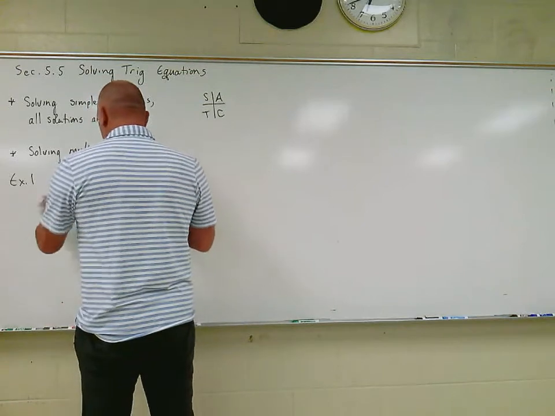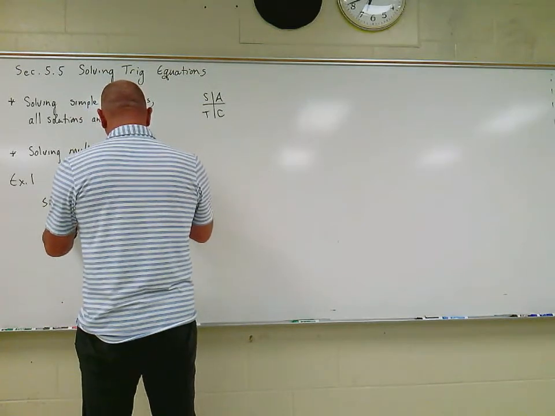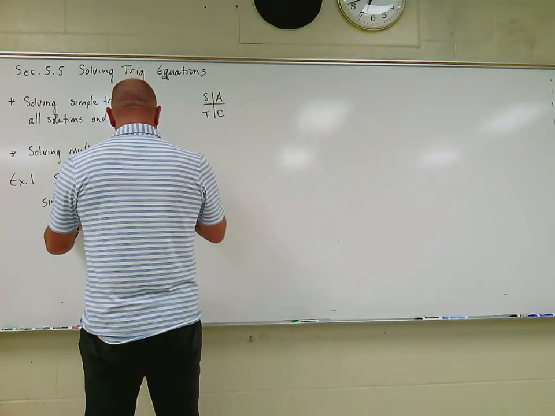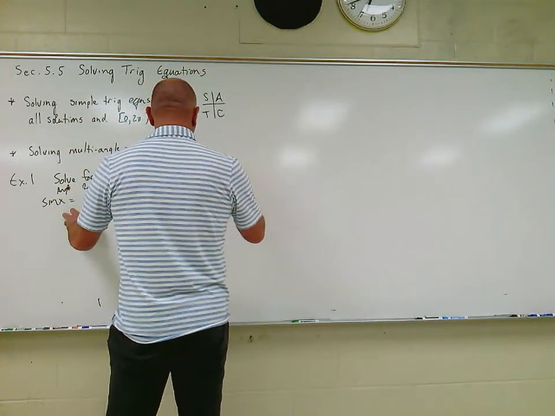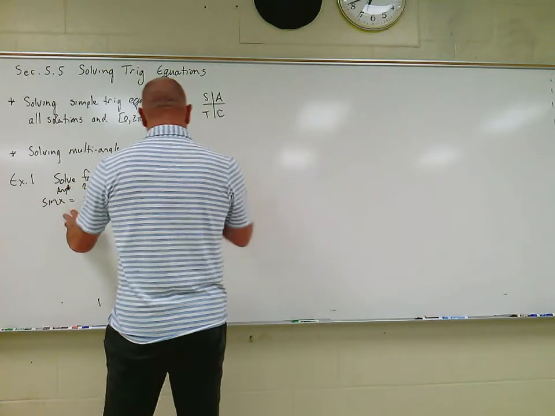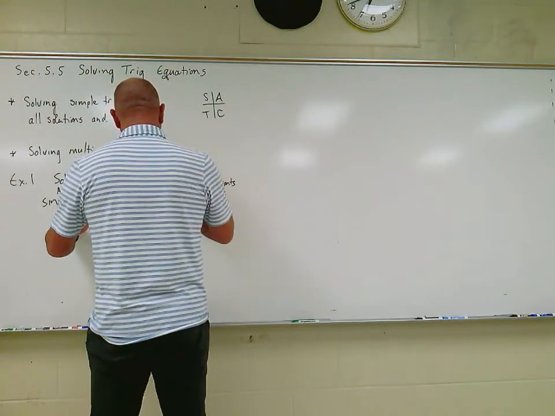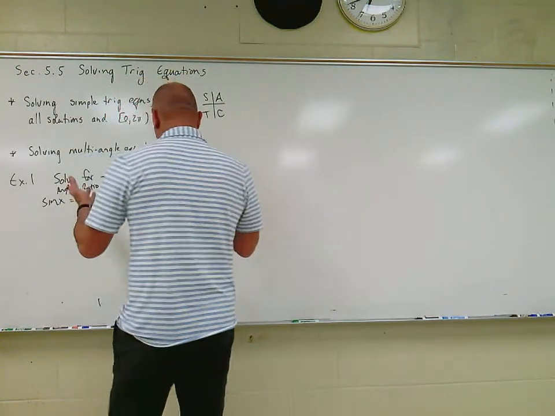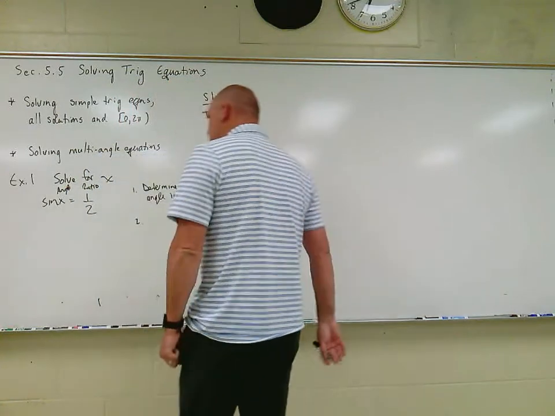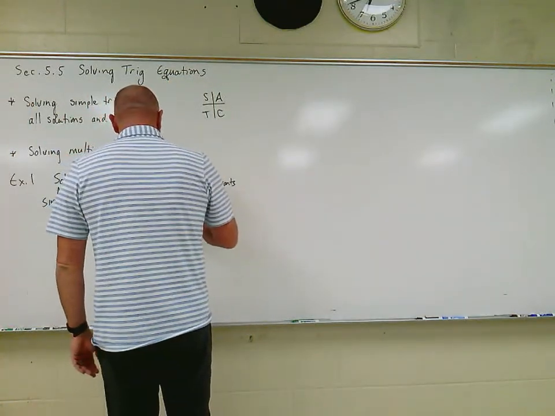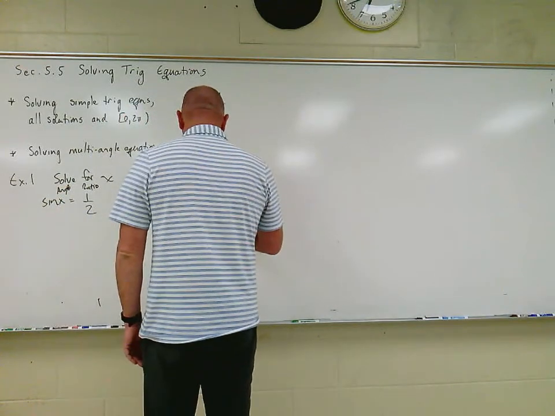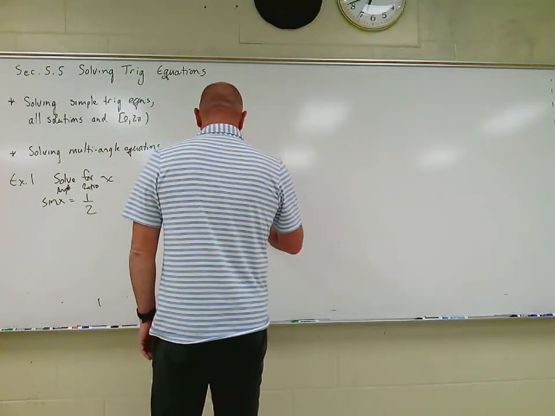Okay, so now here's how we're going to go about this. The first thing we have to do is determine which quadrants our angle is in. Second, we're going to draw the angle in each quadrant.